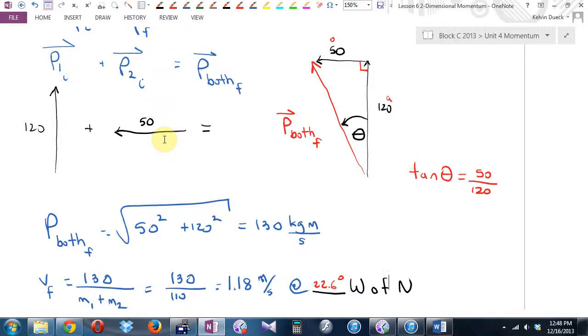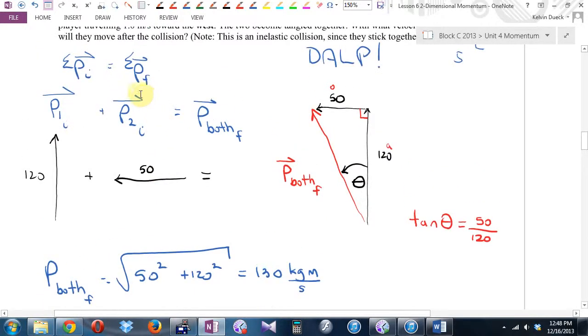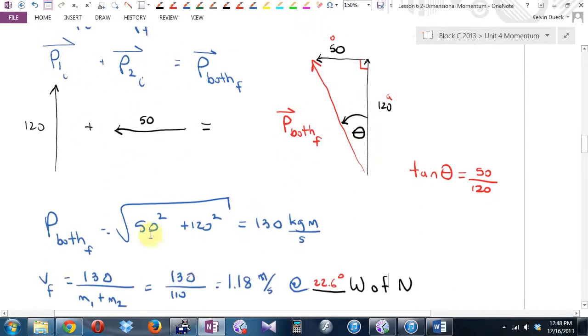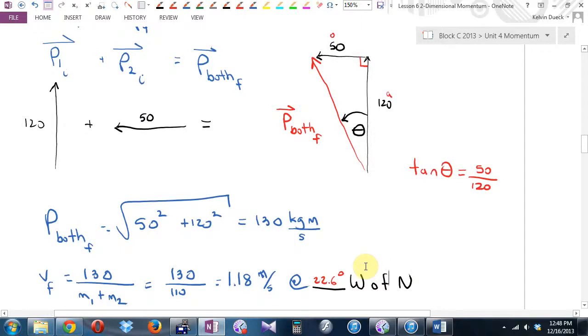And unfortunately, I usually cap that at 2 out of 7, because I give 1 mark for this, 1 mark for that, and then 1 mark for the vector triangle. All my marks are later on. In other words, start asking yourself from now on, if there is a collision or an explosion, are there angles? If there are, trig. Turn the page.